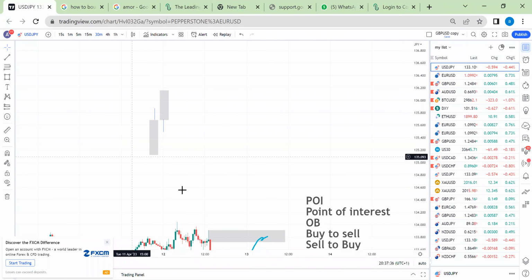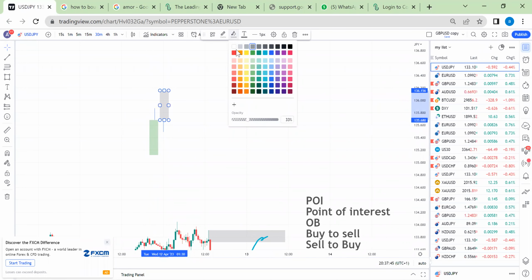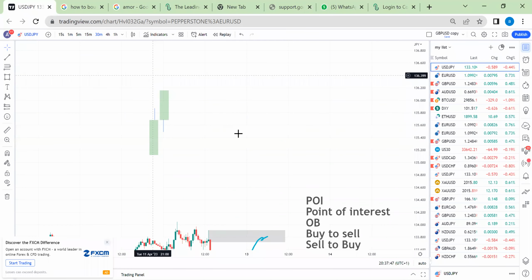So let's say both of them are green candles, they are buy candles because price is moving up. Now, these two alternating wicks you have right here is a sell to buy candle. I'm going to explain it to you.